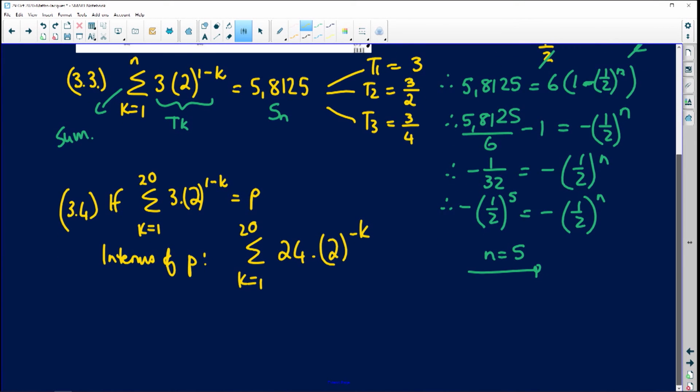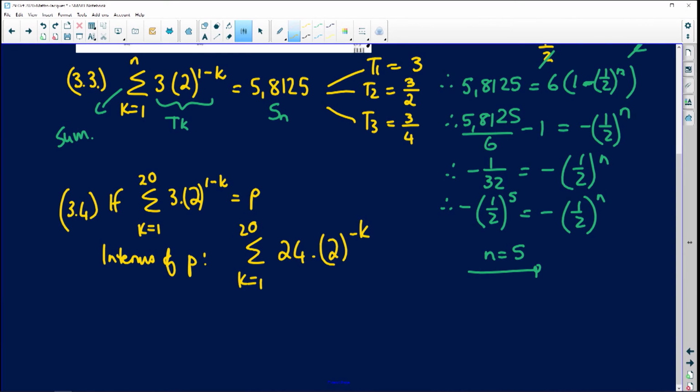Now that's a very interesting question, because there's a 3 missing, there's a 2 missing, so there's quite a few things missing from this equation. Let's underline them. There's no 3, there's a 24. Here I need a 1 minus k. For me to get a 1 minus k, I need a 2 here. So I'm in trouble. Where can I get the 3 from?